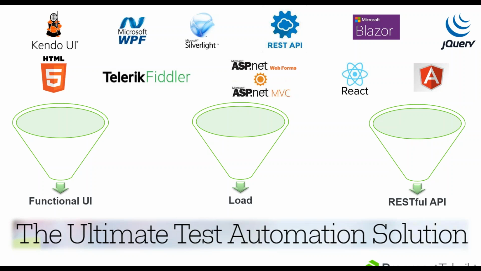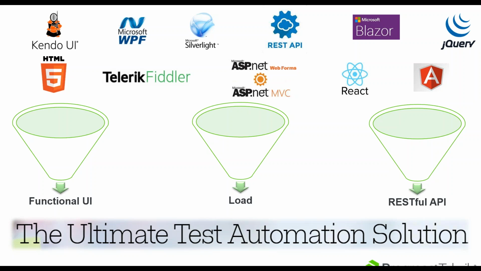So all the technologies that you can see on your screen are supported out of the box by Test Studio, meaning that you can automate your web or desktop applications, whether it's an HTML5 app, whether it's using React or Angular, the latest frameworks, or the previous ones built on jQuery, JavaScript.